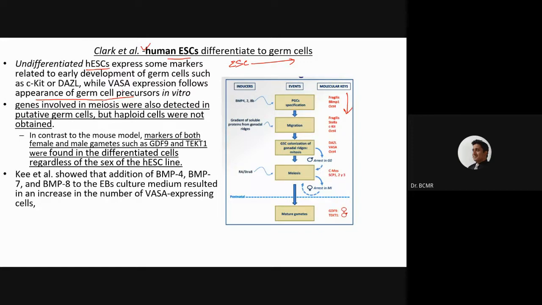There were genes involved in meiosis, but meiosis did not complete. In mouse models, it is a different thing. So what is true for mouse is not necessarily true for humans. There could be a lot of similarities, but one should also expect that there are deviations from it. Okay.